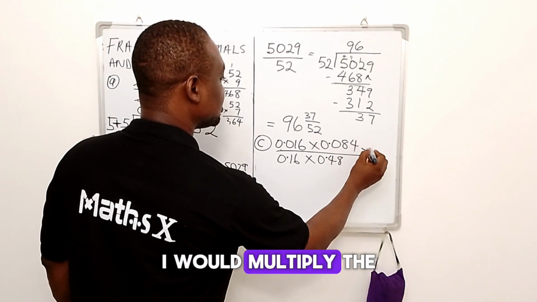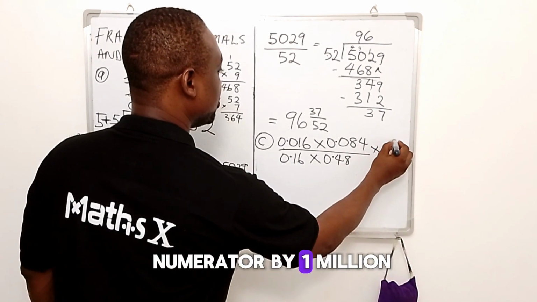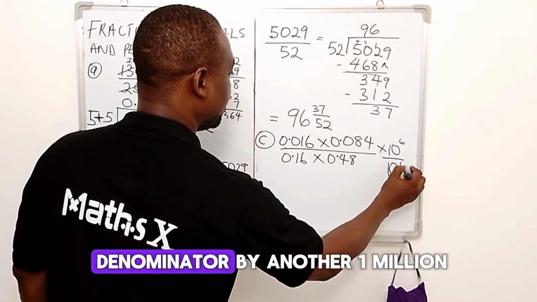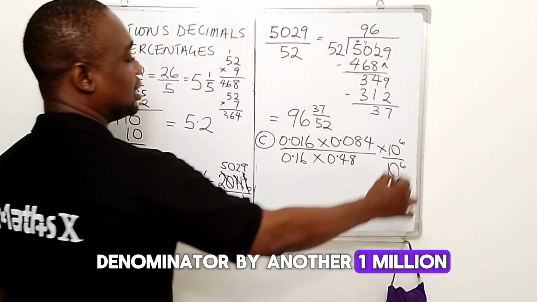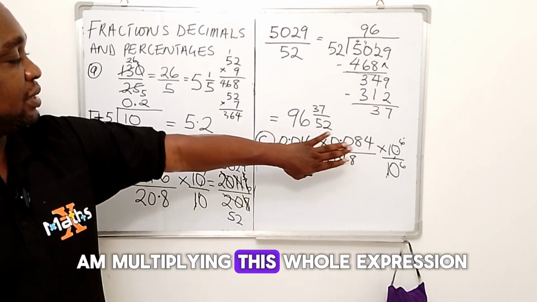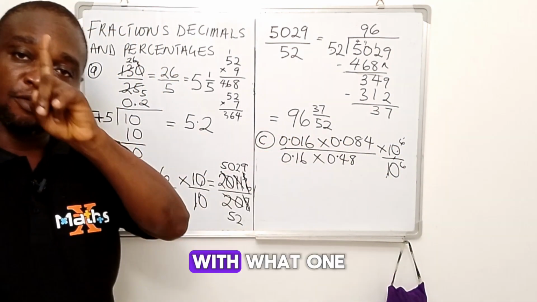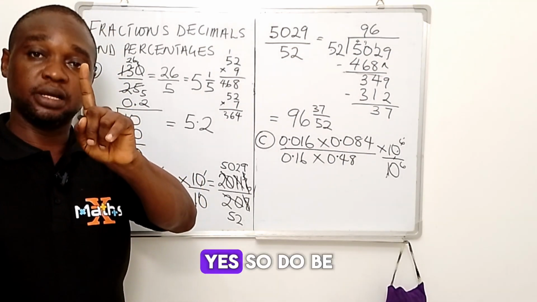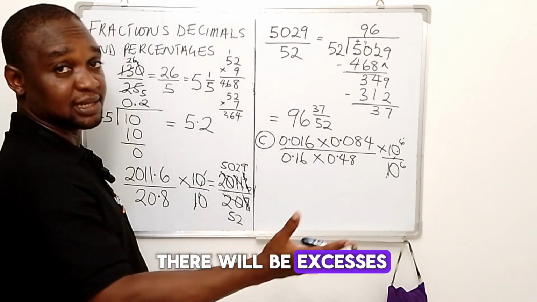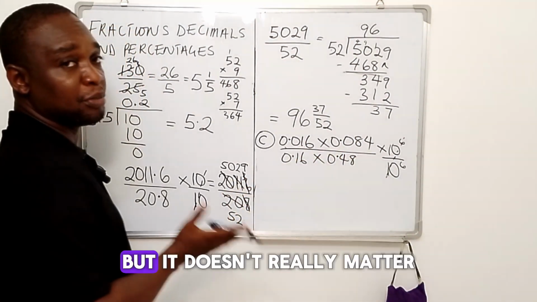So I would multiply the numerator by 1 million and also multiply the denominator by another 1 million. That way they can cancel. It looks as though I am multiplying this whole expression with 1. Yes. So do be careful with that. When I do that, there will be excesses, especially in the numerator, but it doesn't really matter.